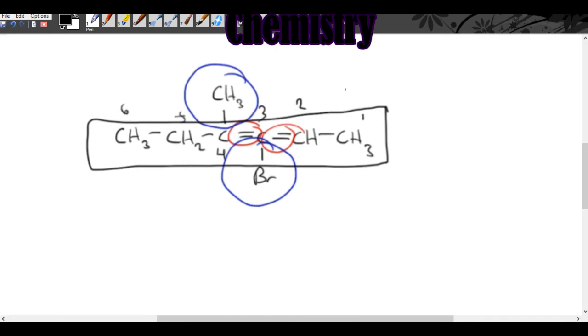and then we're going to start writing out the side chains in alphabetical order. So for instance, bromo starts with B and it comes first, then methyl.